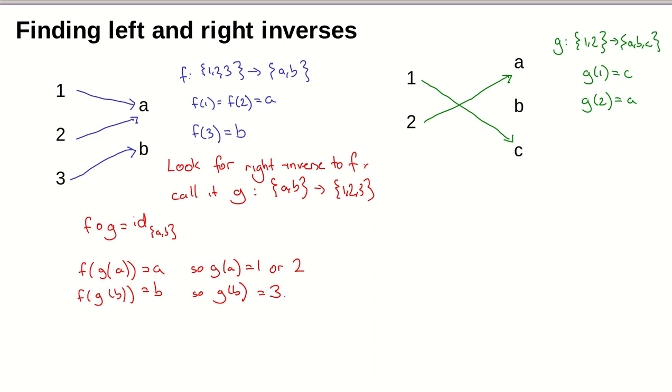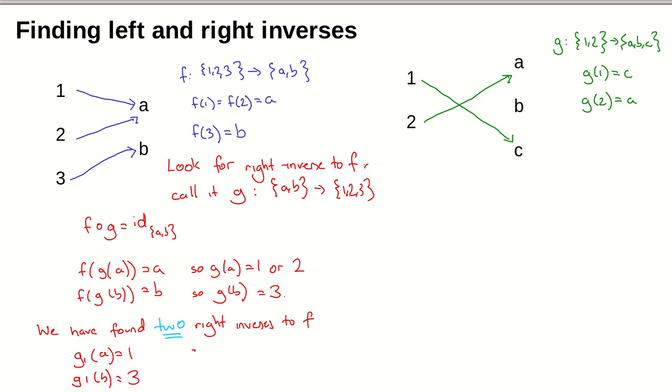So we've actually found two different possibilities for a right inverse to f. Let's give them names. g1, where g1 of a is 1 and g1 of b equals 3.